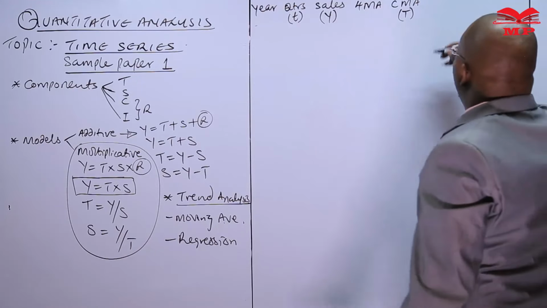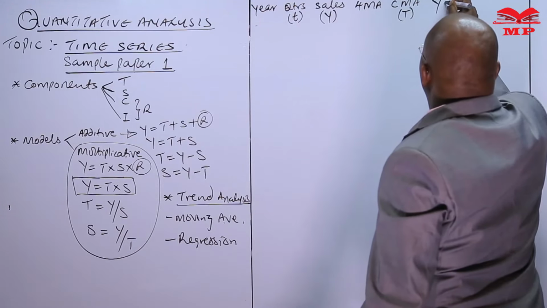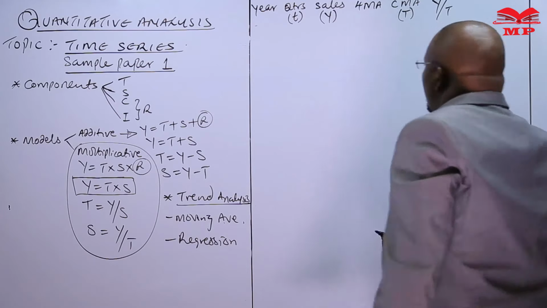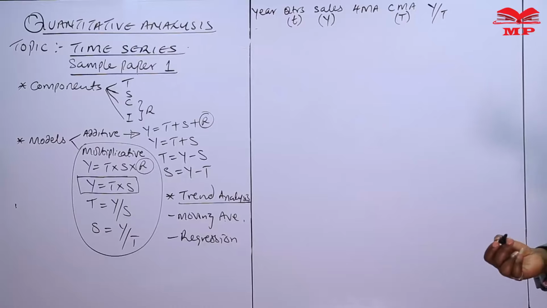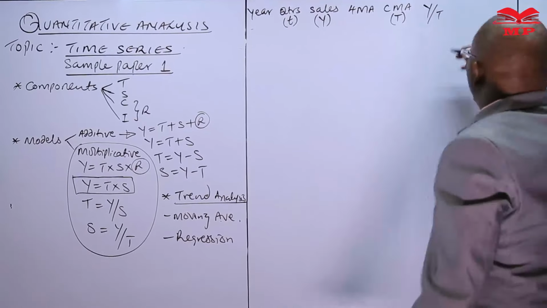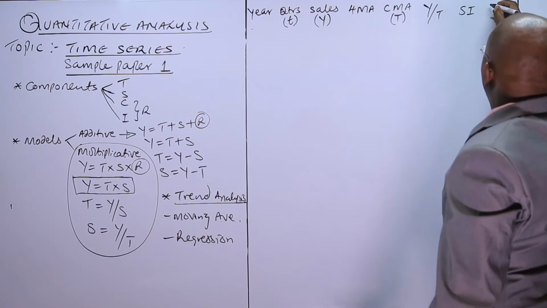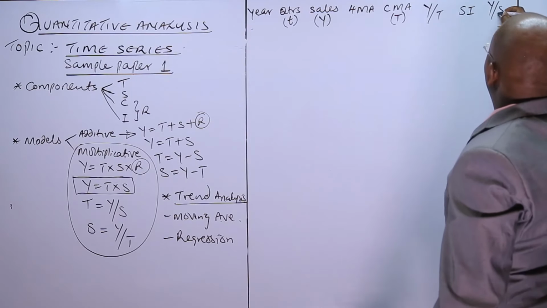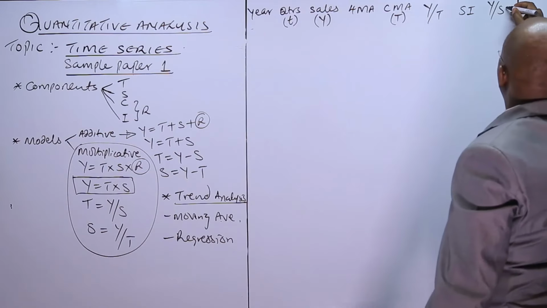Then because we are using the multiplicative model, we are going to have Y over T, which is the seasonal indices, but we are going to adjust them so that we have the seasonal indices here. Then later we have Y divided by S, this is the deseasonalized sales, SI.